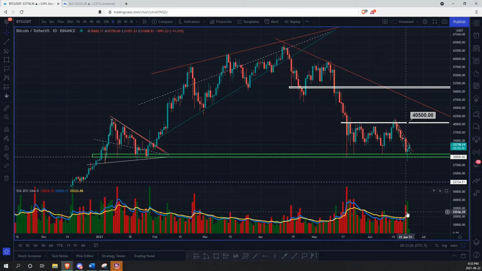Definitely take a look at the relative volume using our Performante BTC volume indicator. That is an accumulation of all the different retail exchanges, not just Binance, if you're looking at Bitfinex, BitMEX, Gemini, whatever you're looking at.